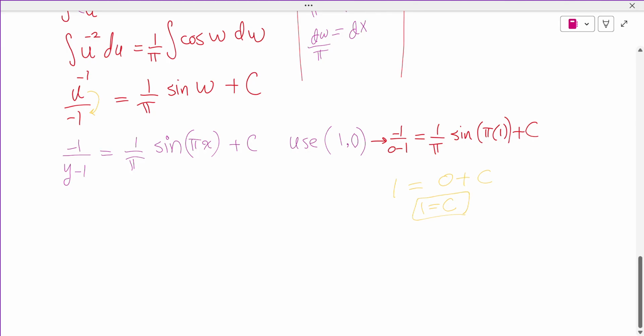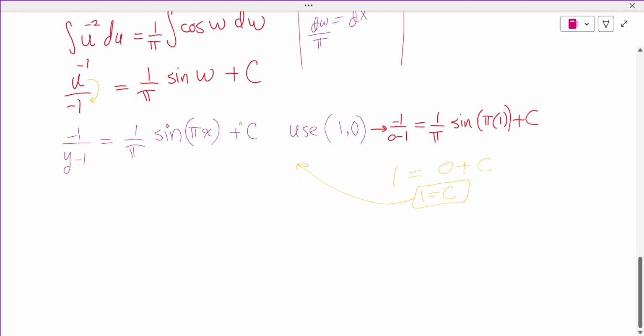We found c. We can put it back here, so we have negative 1 over y minus 1 equals 1 over pi sine of pi x plus 1.